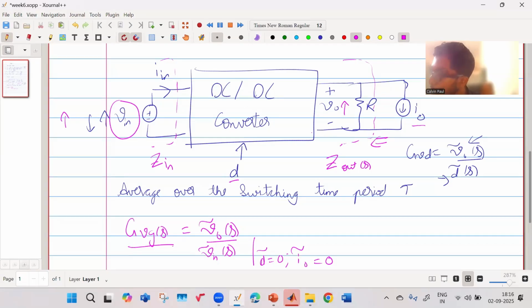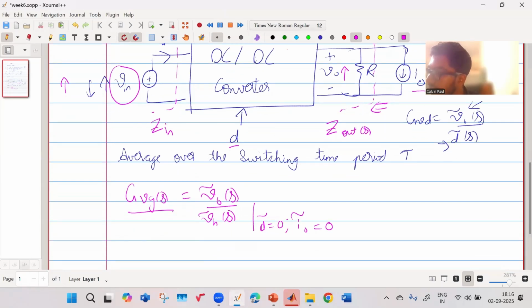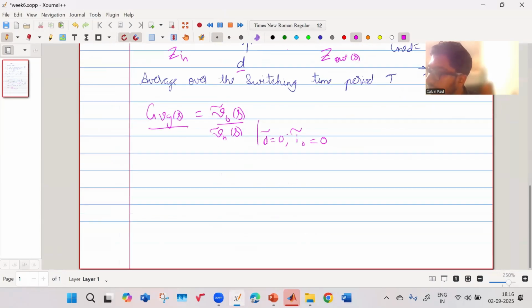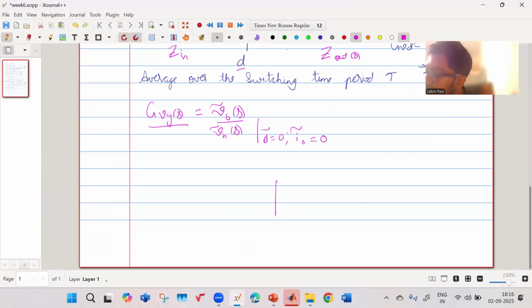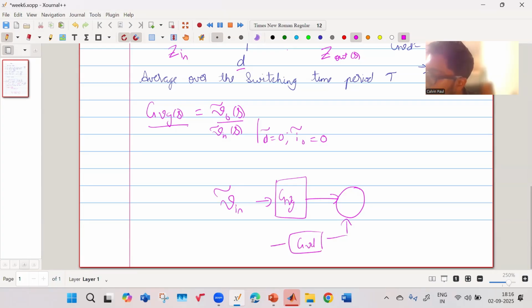Okay. So this is one aspect. Another thing is, you have your GVG, that is giving your input voltage fluctuation, that is generating some fluctuation in your output voltage. Similarly, you have your GVD, right? These are giving fluctuation in your control input.